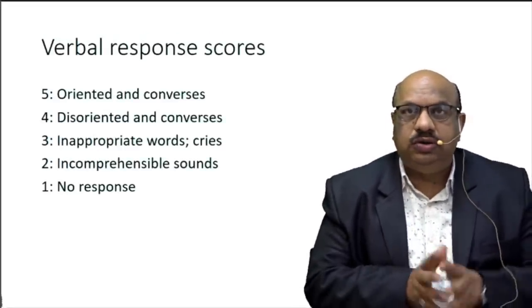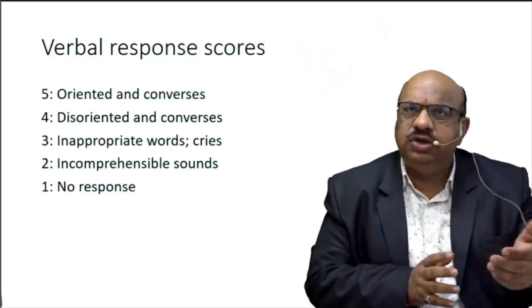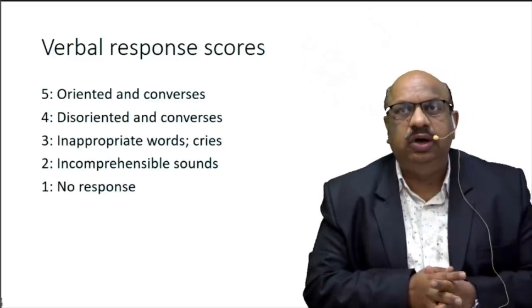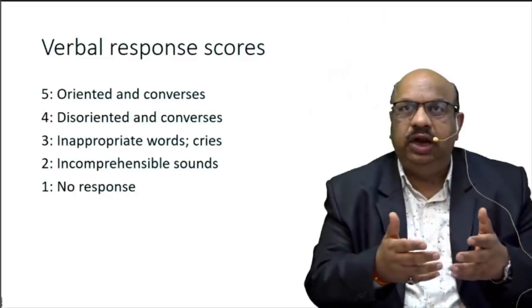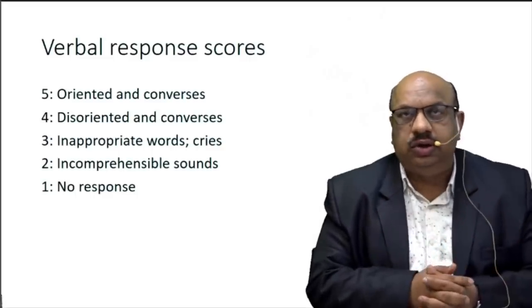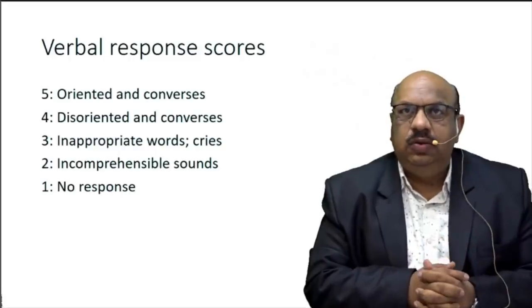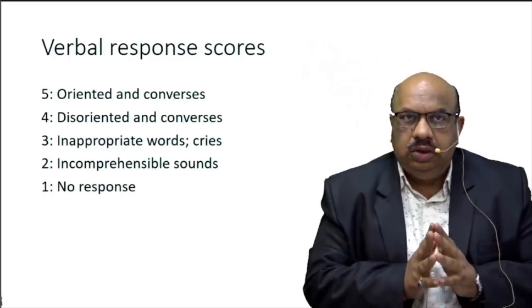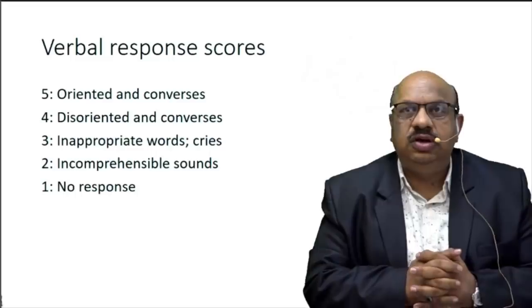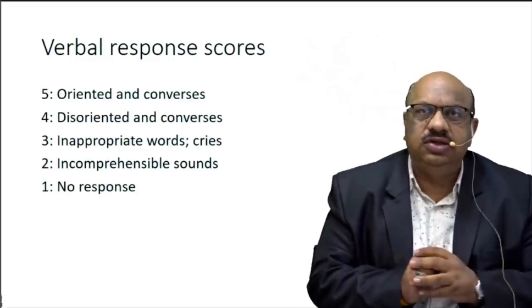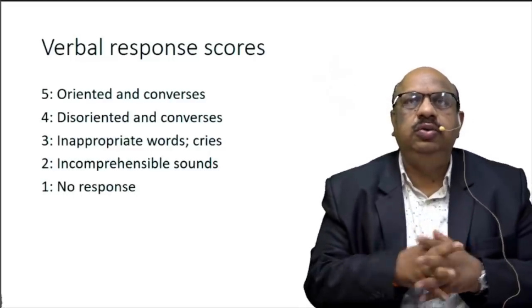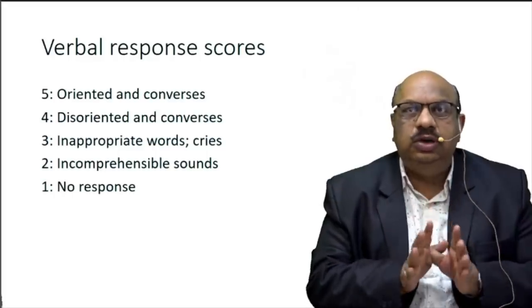Now verbal response. You talk to the patient and see the response, whether he's able to speak or not, whether he's comprehending, communicating, talking rationally or irrelevantly. Verbal response is from 1 to 5. 1 is no response. 2 is incomprehensible sound, like he's crying, wincing, moaning, only producing sound, not saying any word or sentence.